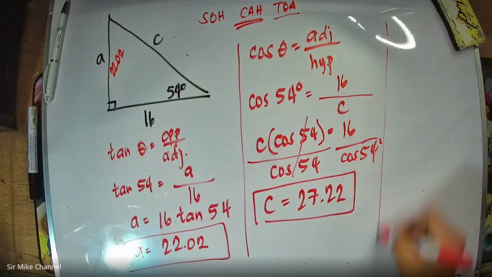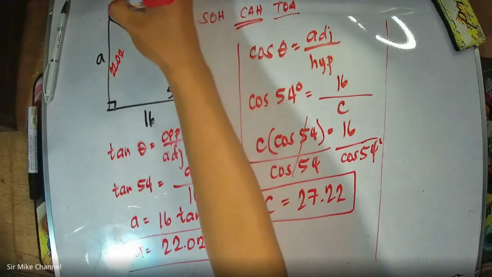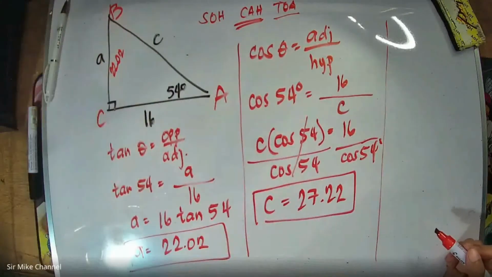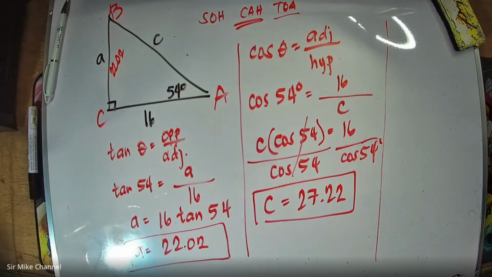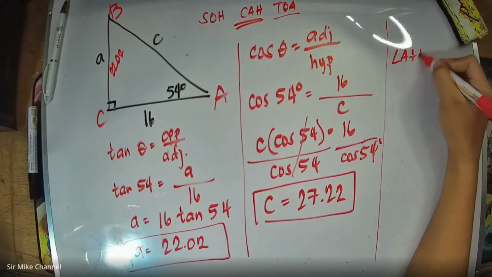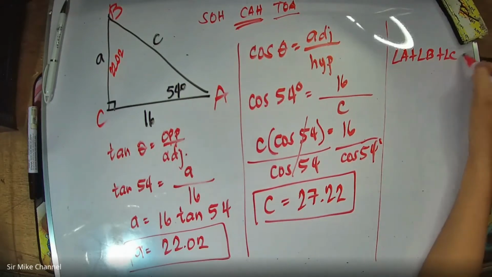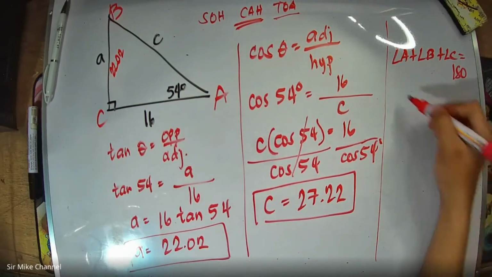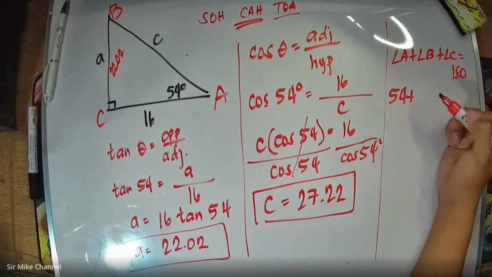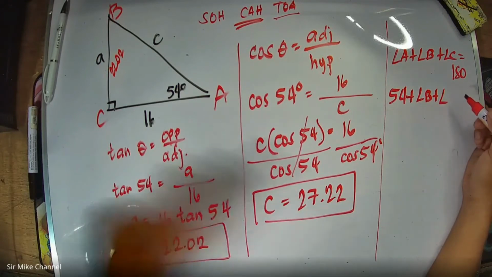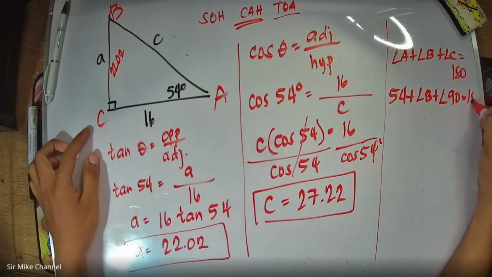Okay, next, this is C, this is A, and this is B. What is the measure of our angle? To get that, we subtract, because angle A plus angle B plus angle C is equal to 180. Angle A is 54, angle B is the unknown, and angle C is 90.